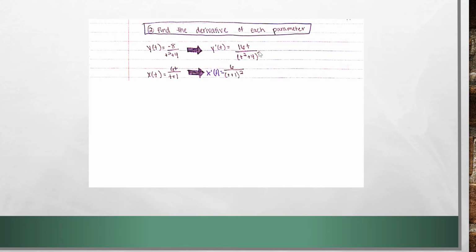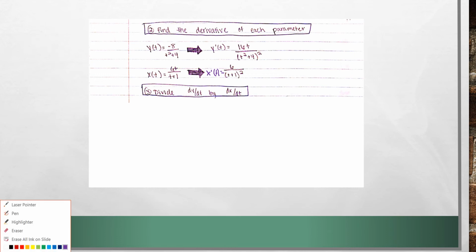Now, since we have the derivative of both of the separate equations, we need to divide dy dt by dx dt, or we could say we need to divide y prime of t right here by x prime of t right here.